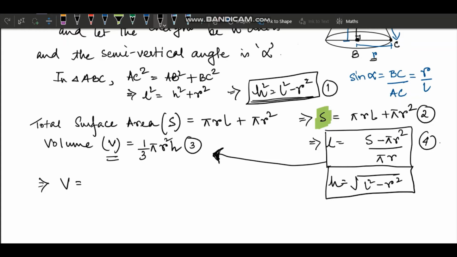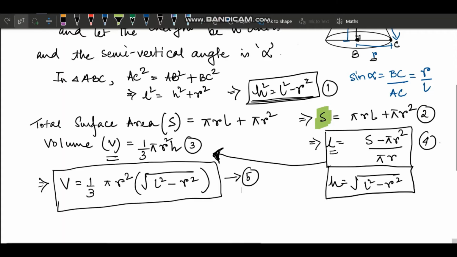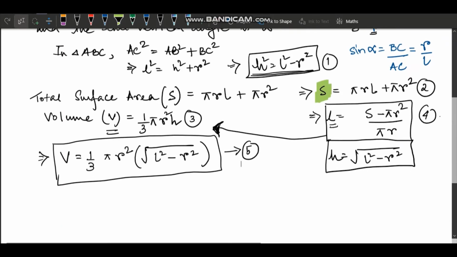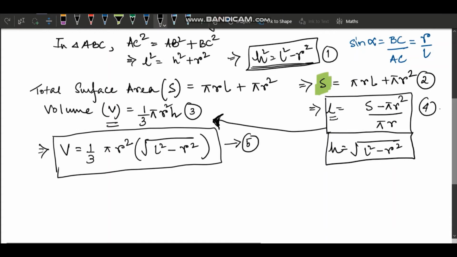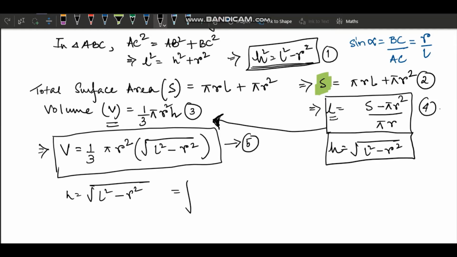So V becomes 1/3 pi r square, and in place of h we can write root over of L square minus r square. So what is L? L is given by S minus pi r square by pi r. Now here we have h equal to root over of L square minus r square. So in place of L square I will substitute what I have got in 4.